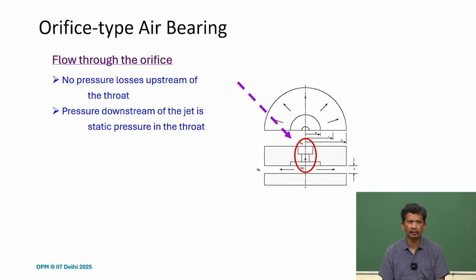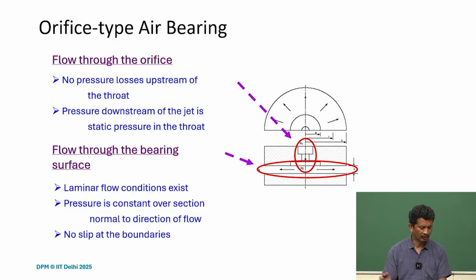What is shown here, and what is assumed, is that there are no pressure losses upstream of the throat, and the pressure downstream of the jet is the static pressure in the throat. Second is the flow through the orifice.